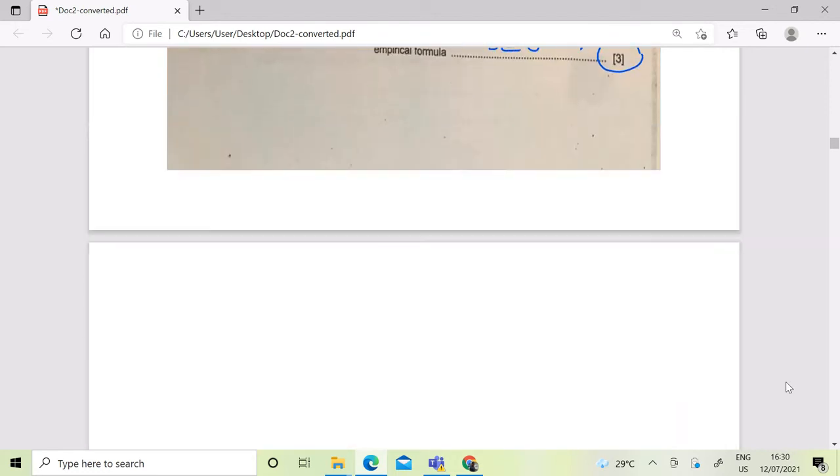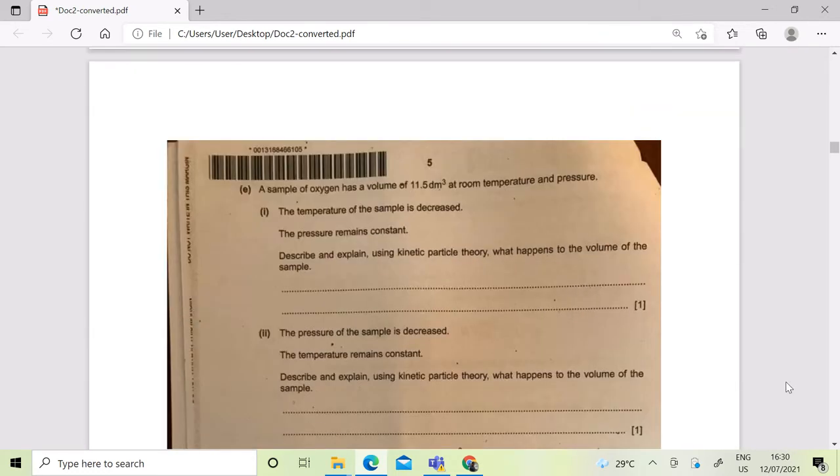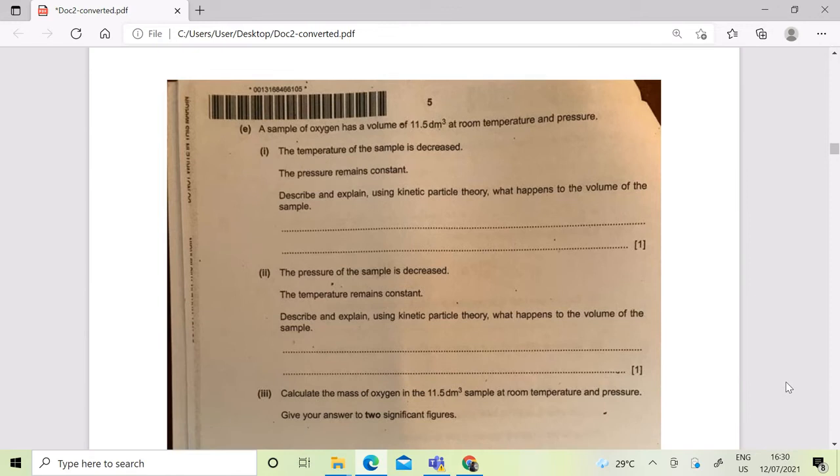Right, moving to part E of the question. A sample of oxygen has a volume of 11.5 cubic decimeter at room temperature and pressure. The temperature of the sample is decreased. You had an oxygen sample, 11.5 cubic decimeter, with oxygen molecules. Then the temperature of the sample decreased, keeping the pressure constant.